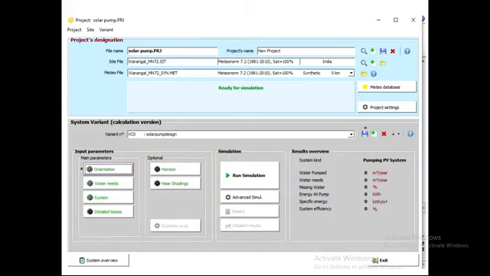Right. So the theoretical calculations up to now we have discussed. Now you can design your solar pump using the PV system software.